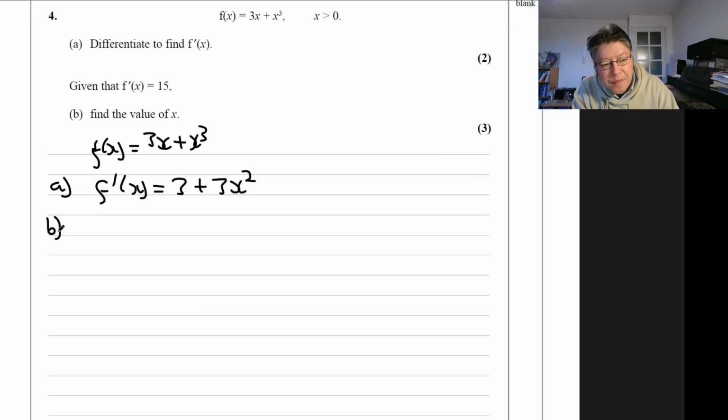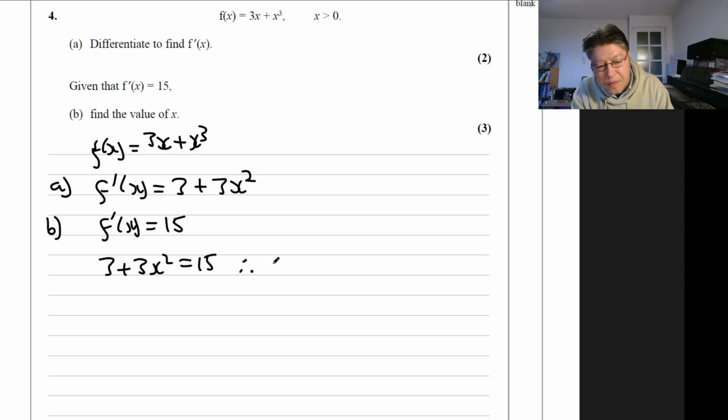And part B, we're told that f dash of x equals 15, and we need to work out what x is. So we're going to replace f dash of x with what it is. So we have 3 plus 3x squared equals 15, and we can solve this for x.